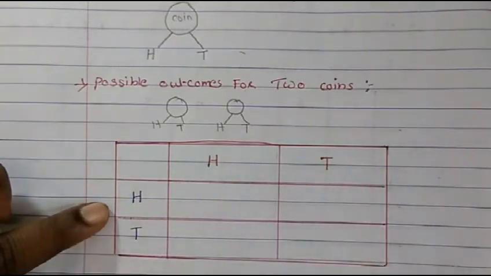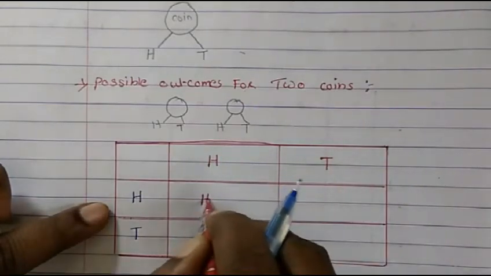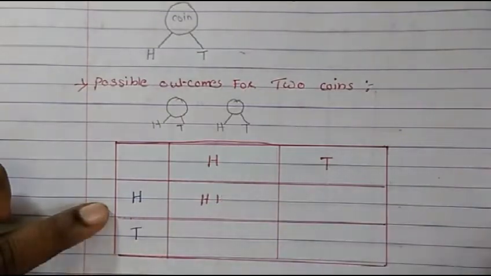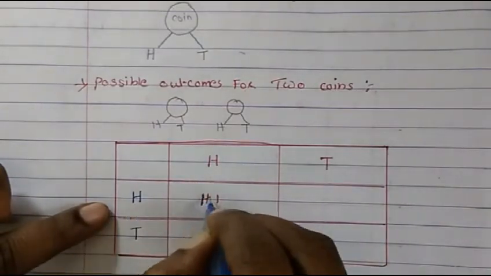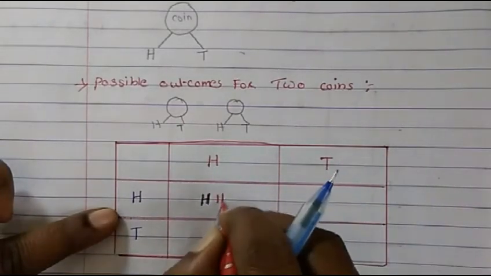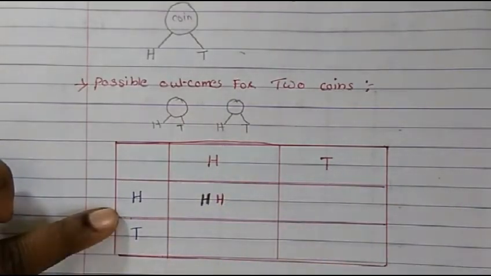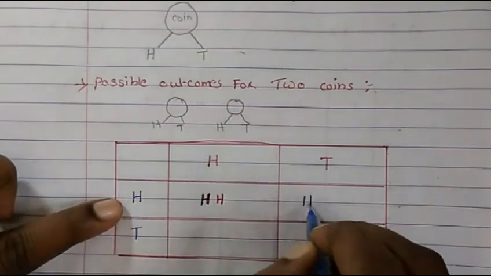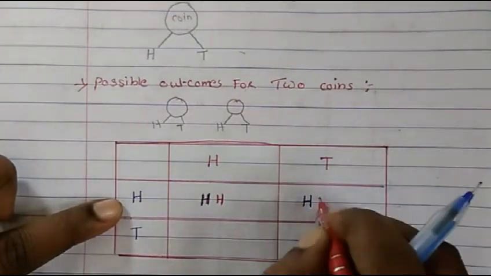With one blue coin, the other red coin can come together. I'll write this in blue, head. With this head, there can be another head, one possibility. And with head, from the other coin, it could be tail.